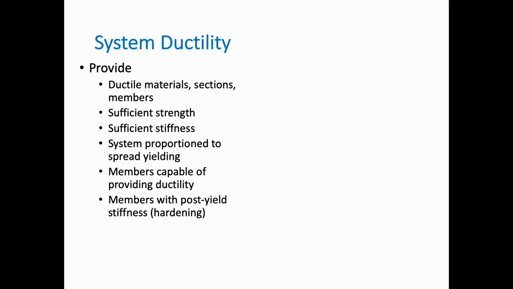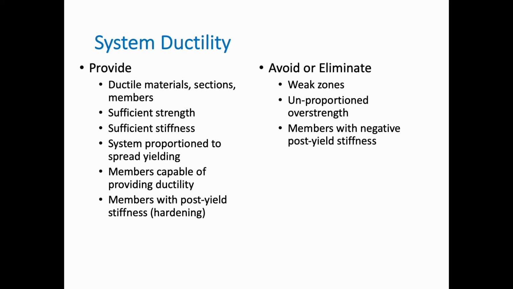So the hardening is extremely important for such structures. We want to avoid or eliminate weak zones, unproportioned overstrength, where one element may be significantly bigger than the other, meaning that the other element will be killed immediately. And members with negative post-yield stiffness we want to avoid.